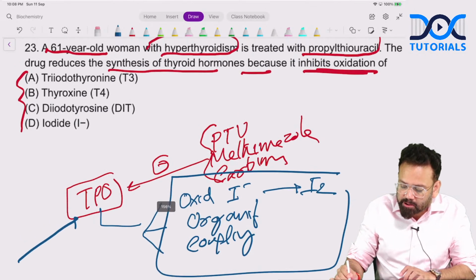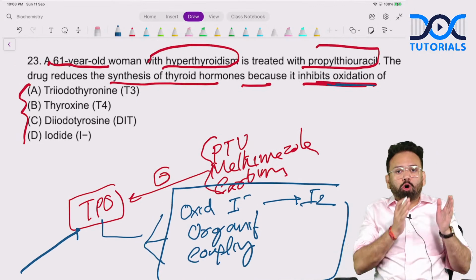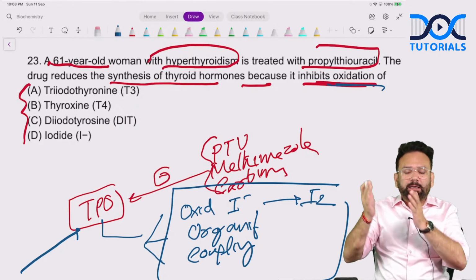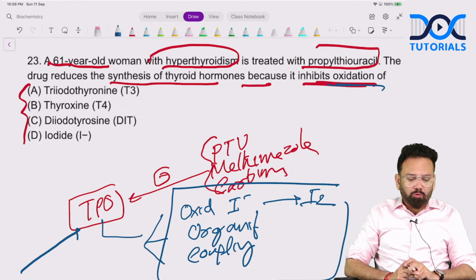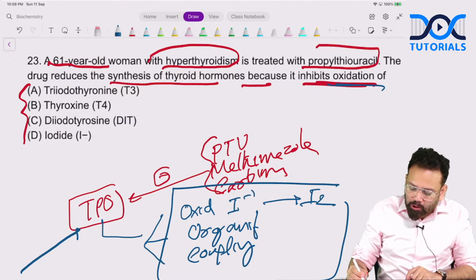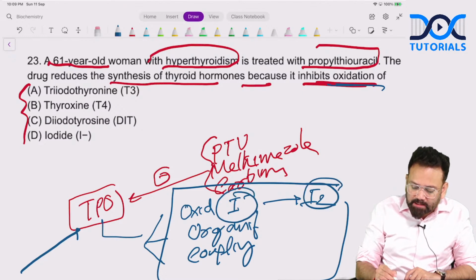So whose oxidation is inhibited if you inhibit TPO? What is the answer now? Oxidation of iodide into iodine. So the answer is D.